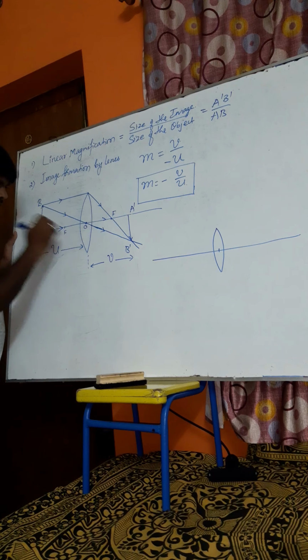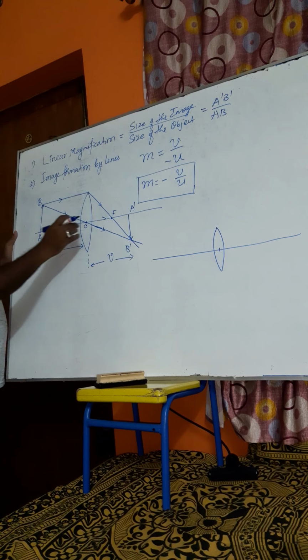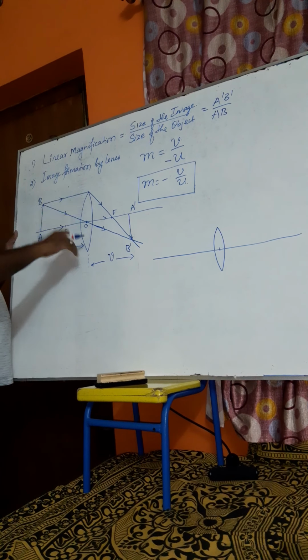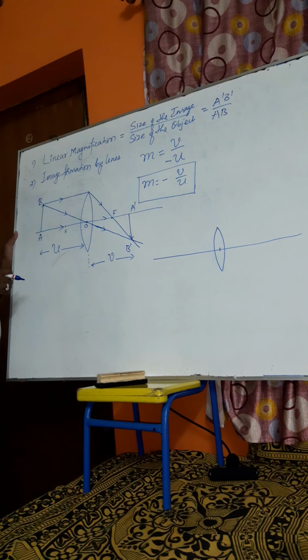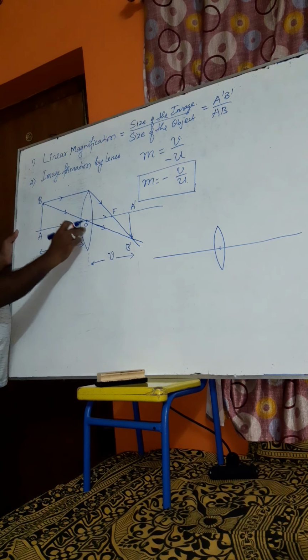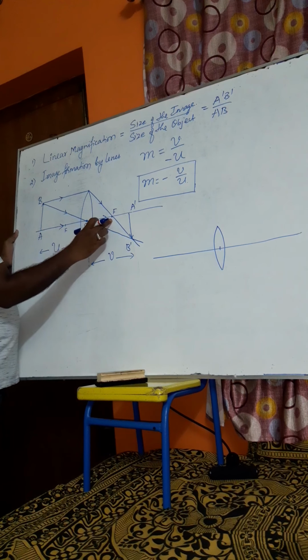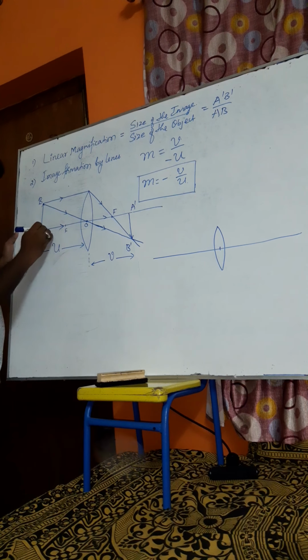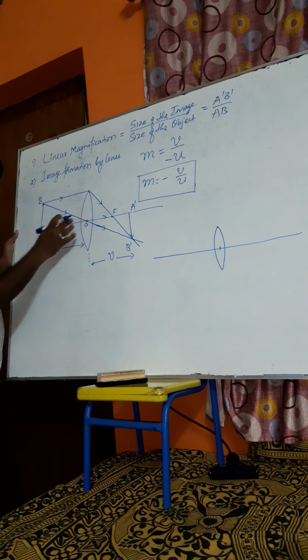This point is f. Why have I taken both sides as equal distance f? Because it is an equiconvex lens. Both surfaces have the same radius of curvature. That's why it is an equiconvex lens. The distance from optic center to principal focus is the focal length. So this is the focal length. If it is taken as 2f, it will come here. Double f.